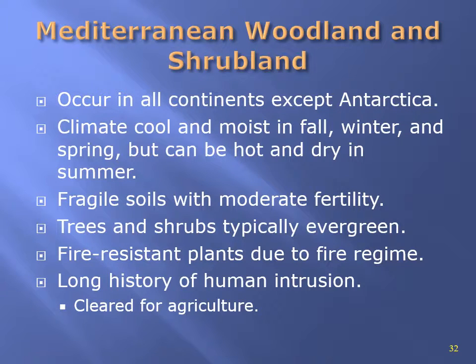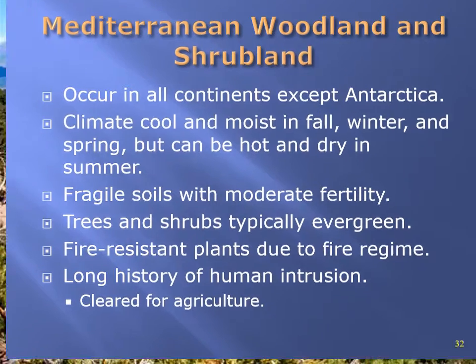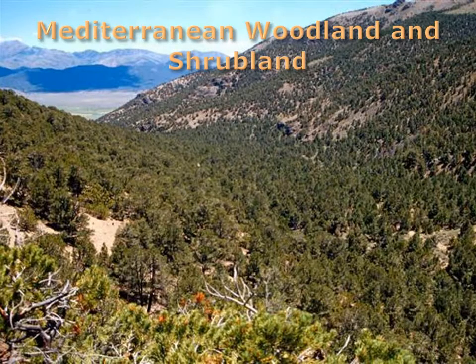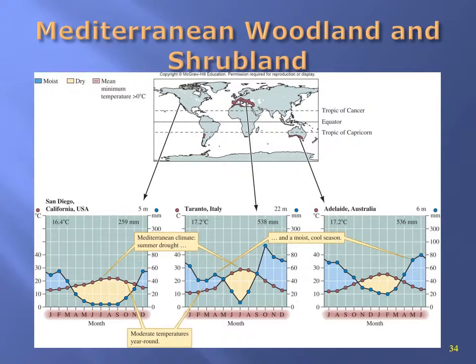A lot of it's been cleared for agriculture. Picture of what the Mediterranean woodland and shrubland might look like. And our climate diagrams.